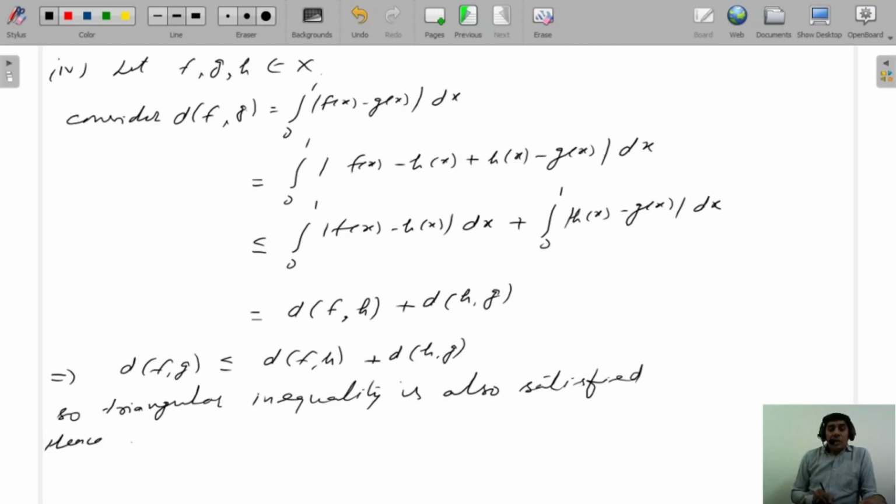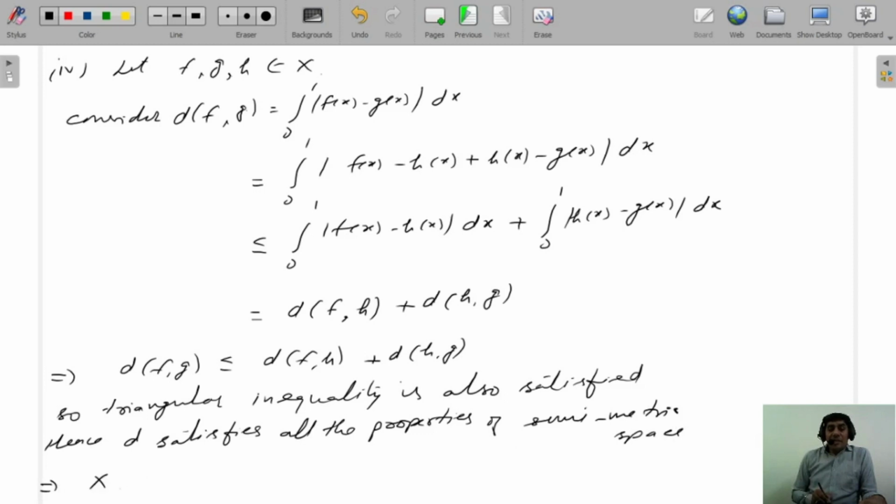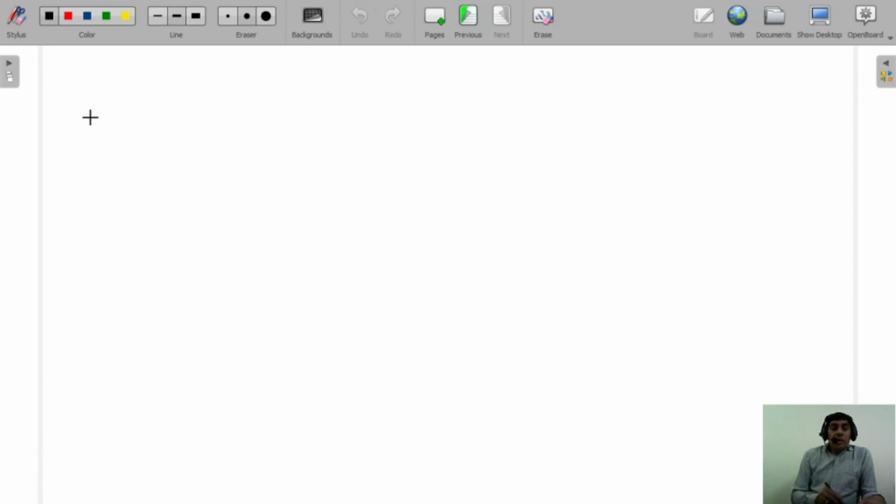Hence, d satisfies all the properties of semi-metric space. This implies (X, d) is a semi-metric space. Now we will prove that X is not a metric space.